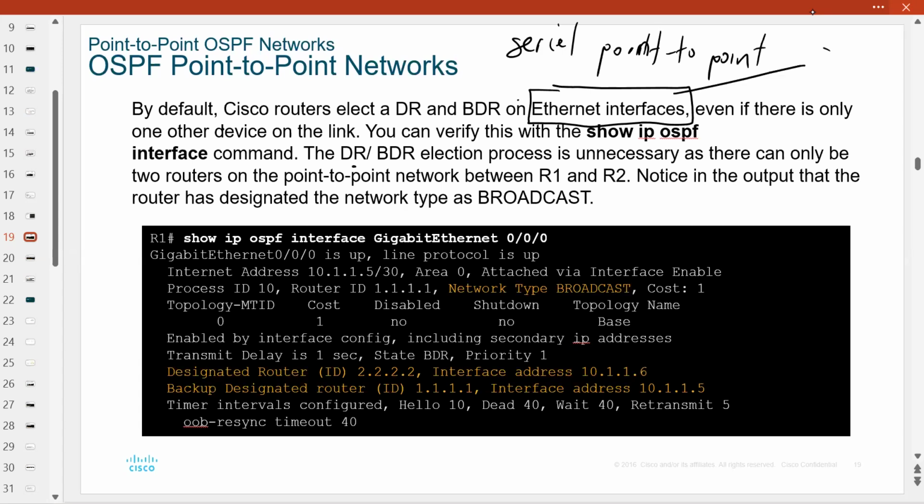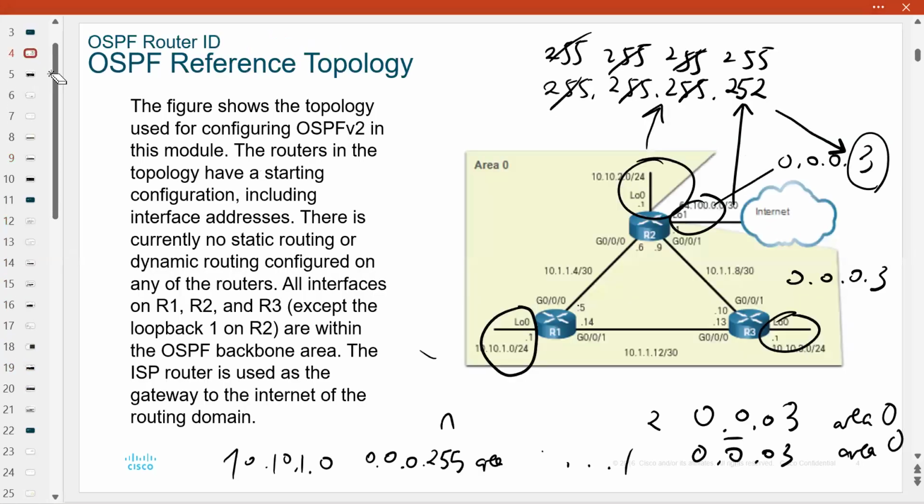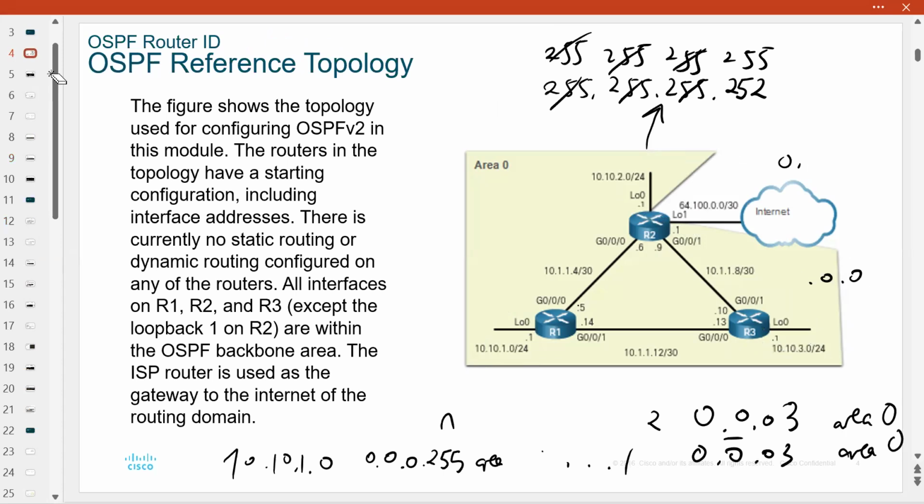Ethernet, multi-access, right? So if we have a network like our reference network, this one, as you can see, it is using Ethernet links on Ethernet interfaces.